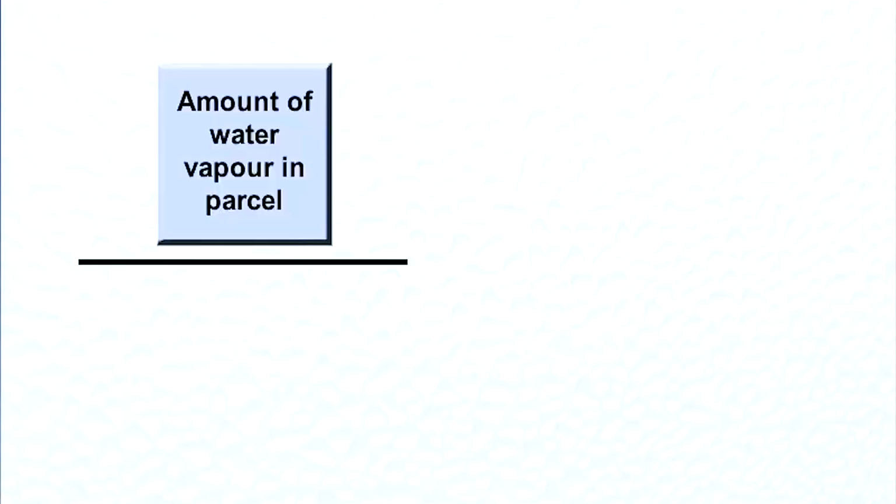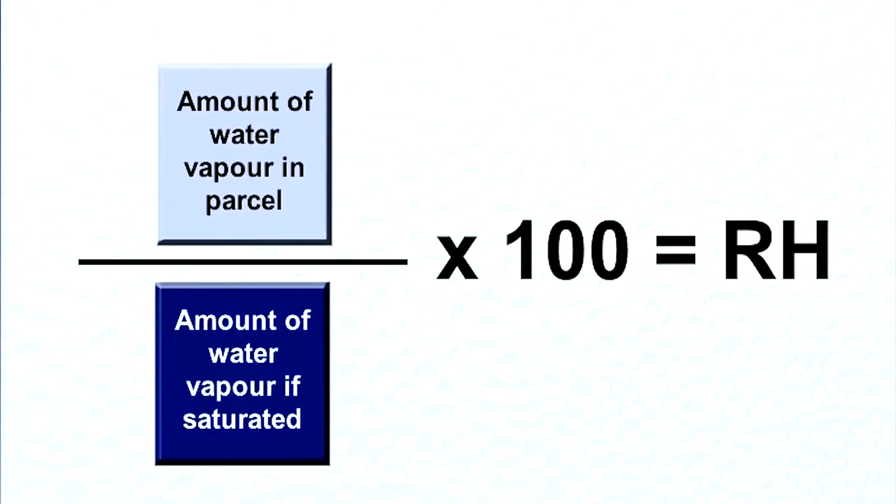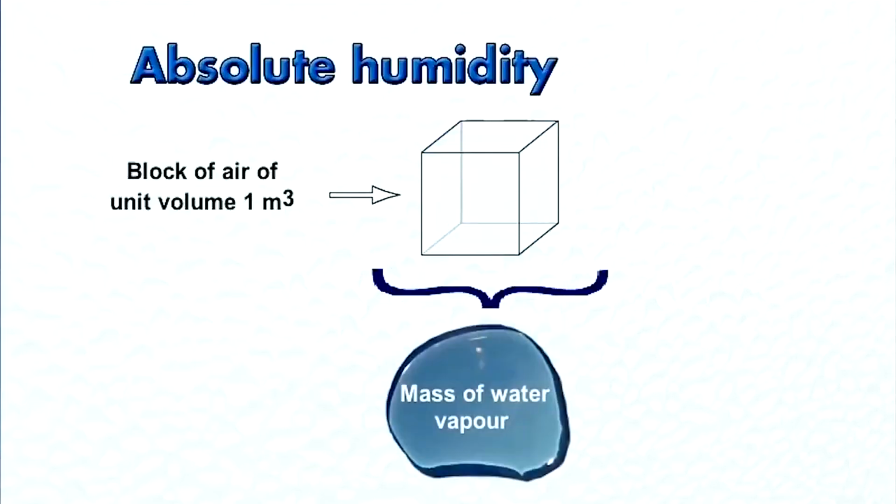Or put another way, it is the amount of water vapor a body of air actually contains relative to the maximum amount it could hold, expressed as a percentage. A relative humidity of 100% is saturation. Absolute humidity is the mass of water vapor contained in a unit volume of air. It is expressed in terms of grams per meter cubed.